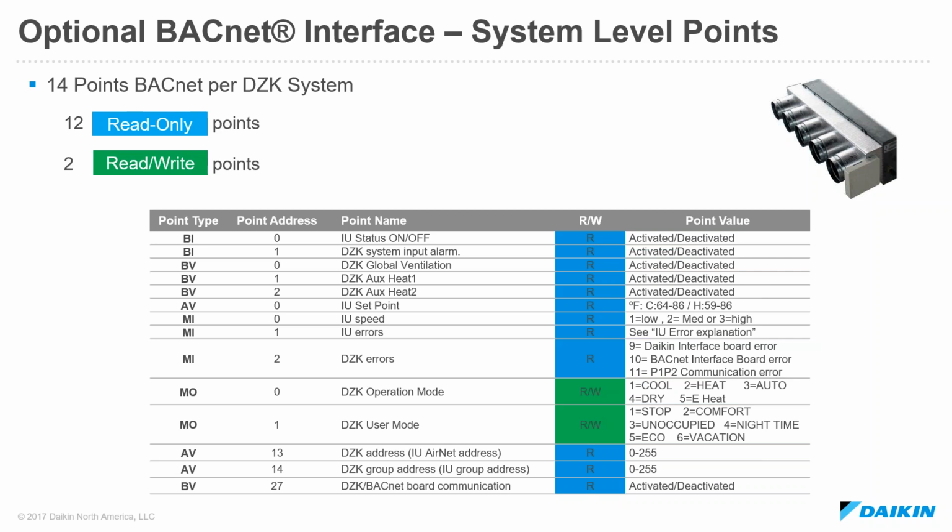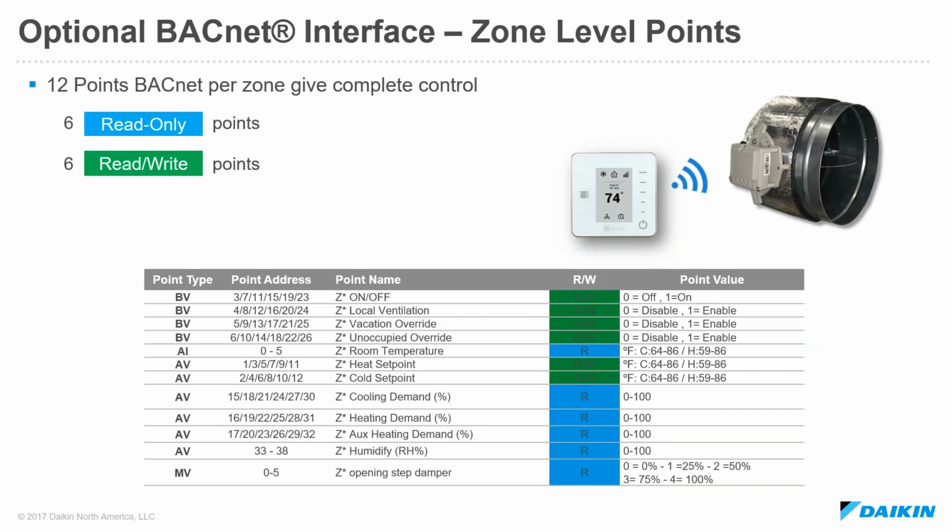We can see a lot of system information, but when it comes to reading and writing, kind of direct control, we can control the DZK's operation mode, or we can control the DZK's user mode with the system level BACnet points.